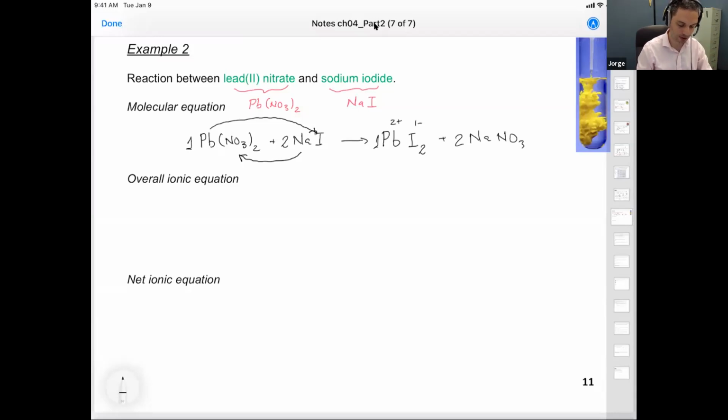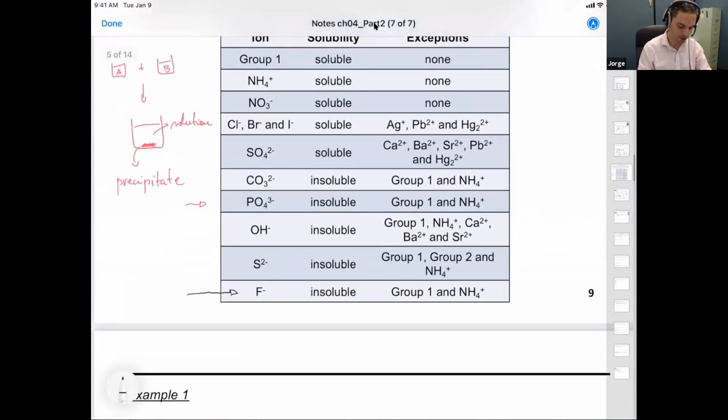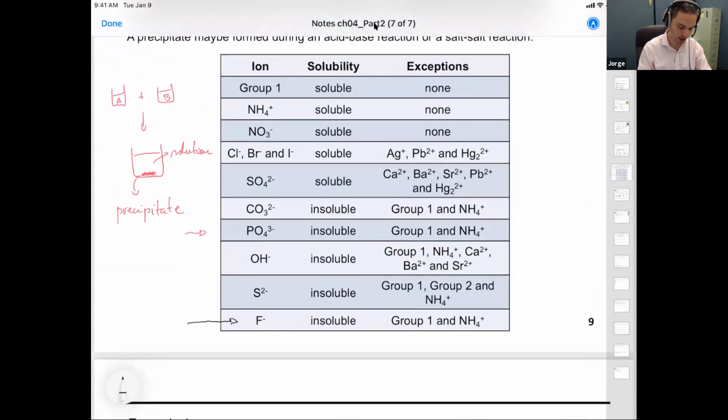The first one is lead iodide, and the second one is sodium nitrate. Let's go back to the table and check if one of those is insoluble or if both are insoluble. The first one is iodide combined with lead.